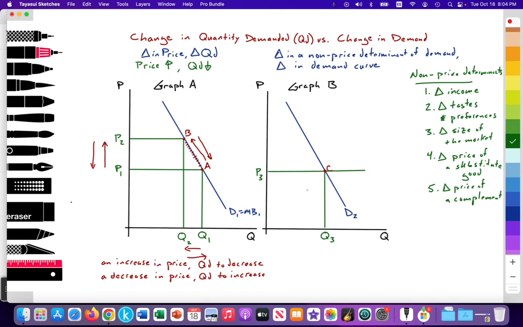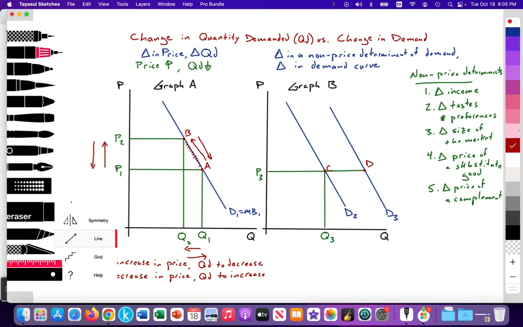I'm holding it constant, might see an increase in demand from D2 to D3 in this case. From point C to point D over here. And here we have Q4.